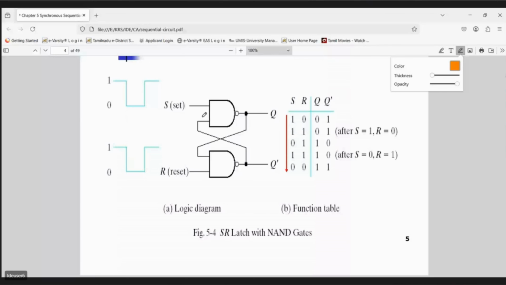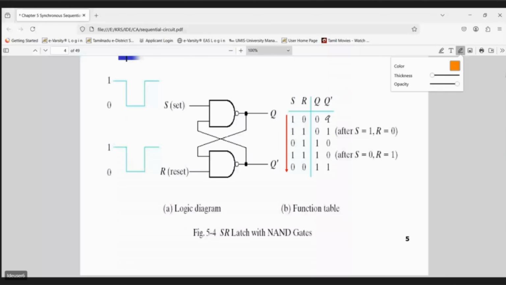So 0 1 and the output equals 1, therefore the Q dash value is equal to 1. Then for R, the initial value of R is 0 and the Q value is equal to 0. So both 0, the output equals 1. Therefore Q dash is equal to 1.